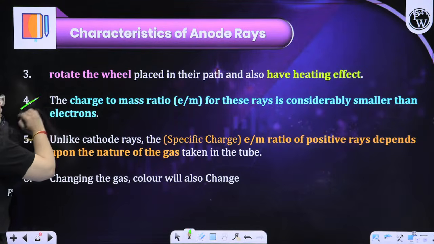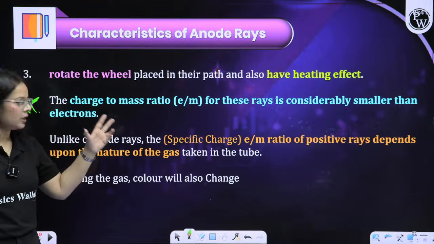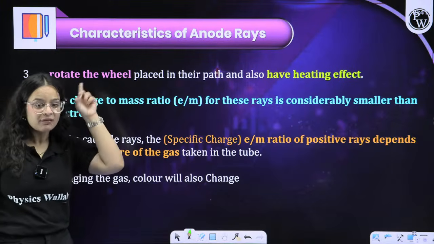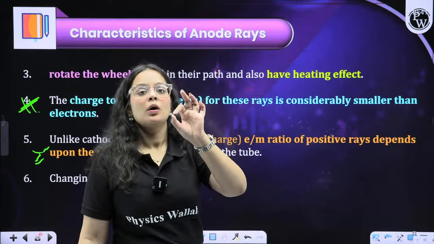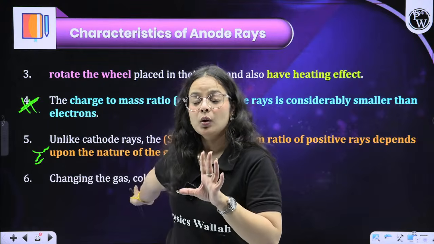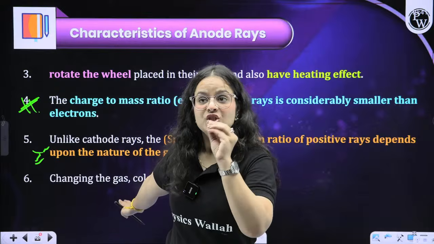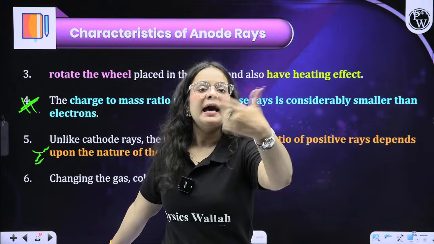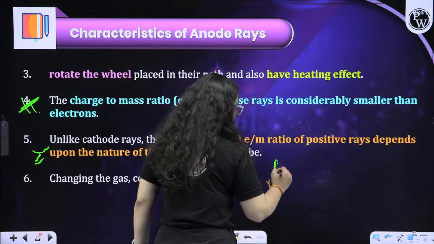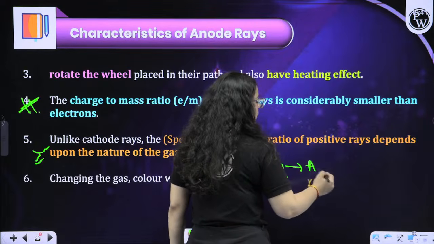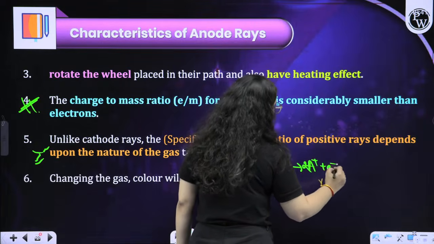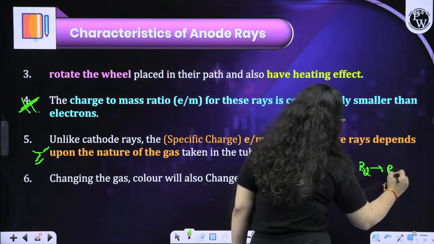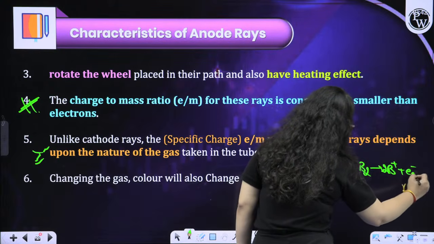Here is the point: the charge to mass ratio is smaller than that of electrons, a very important point. But unlike the cathode rays, which do not depend on the nature of the gas and electrode, anode rays will change their specific charge, that is charge to mass, if the gas is changed. Why is it so? Because if, let's say, A2 gas is there, A2 gas will ionize itself, and this is the electron of the gas produced. Similarly, B2 gas again ionizes and produces the electron of B2 gas.